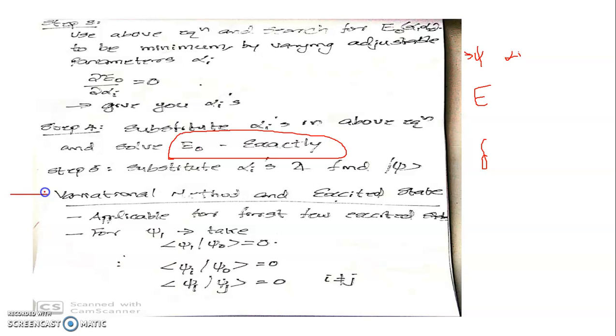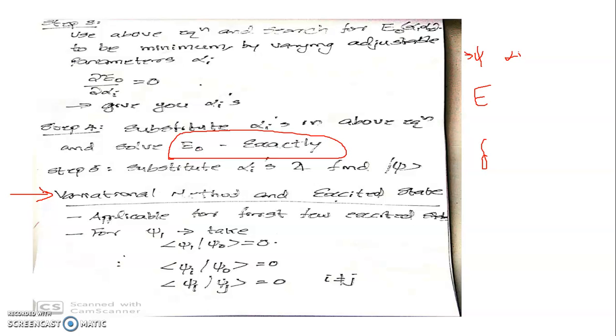Now, the applicability of the variational method to the excited states. If it is applicable for the ground state, why is it not applicable for the excited state? It is applicable for excited states as well. But in the excited states, you have limitations.